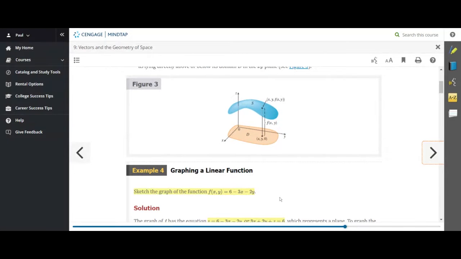You have a function of x and y that traces out a surface in three-dimensional space. In figure 3, every point on the surface has coordinates x, y, and then z, which is the function of x and y. Do you see how that works in figure 3?